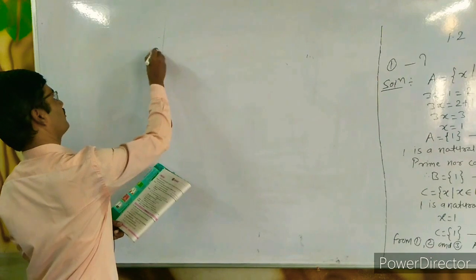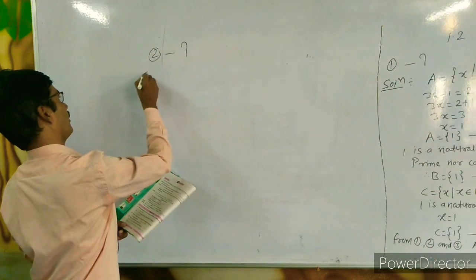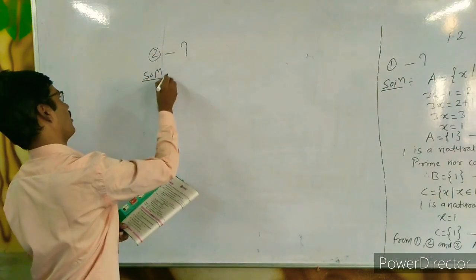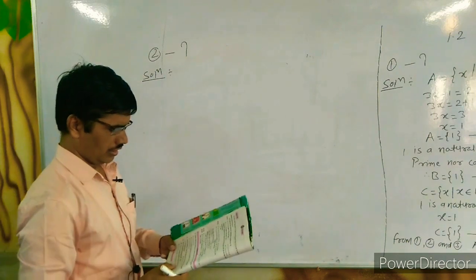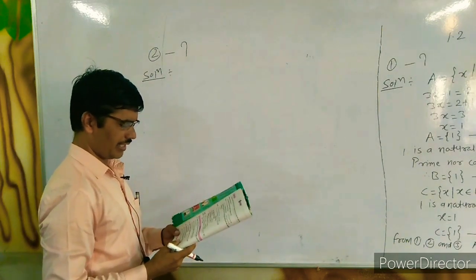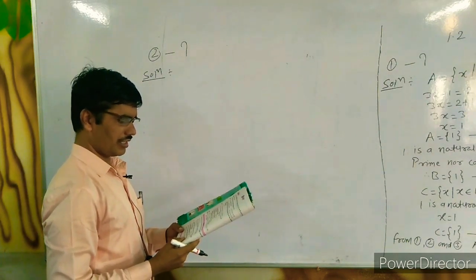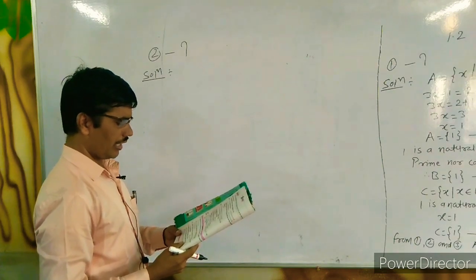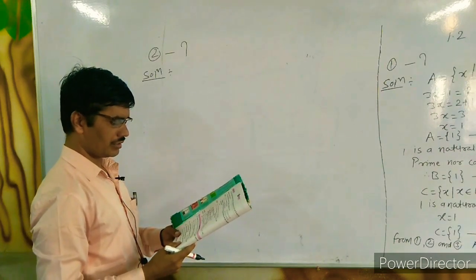Question number 2. Decide whether set A and B are equal sets. Give reason for your answer. A equal to even prime numbers.